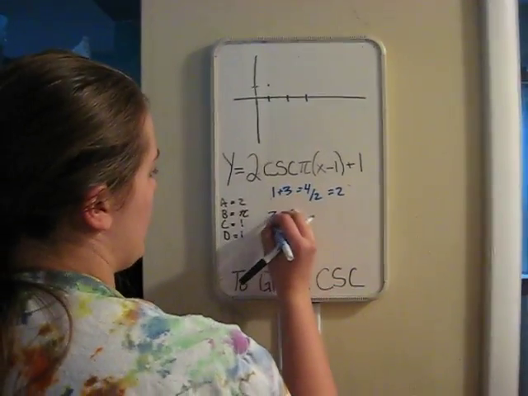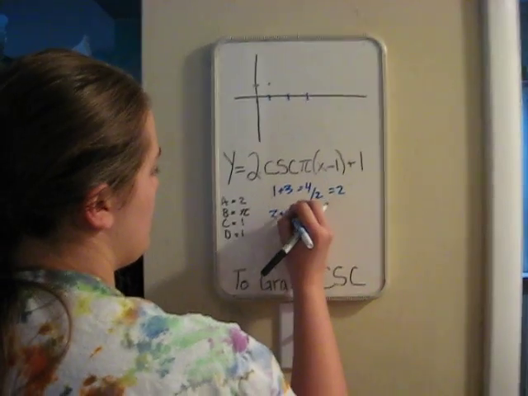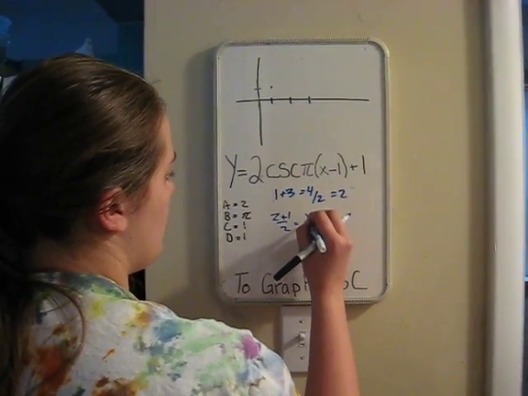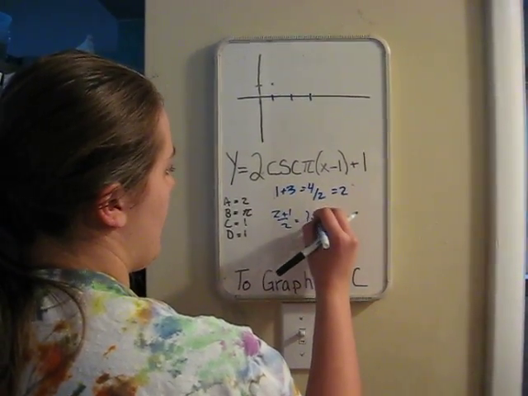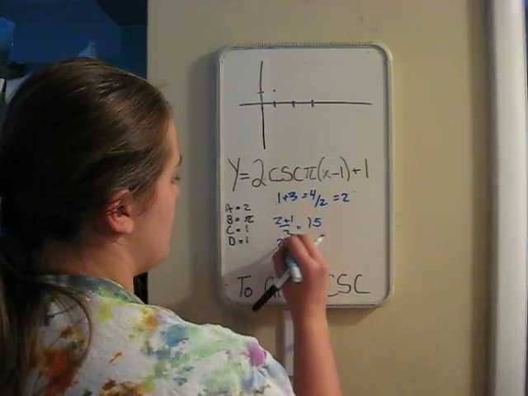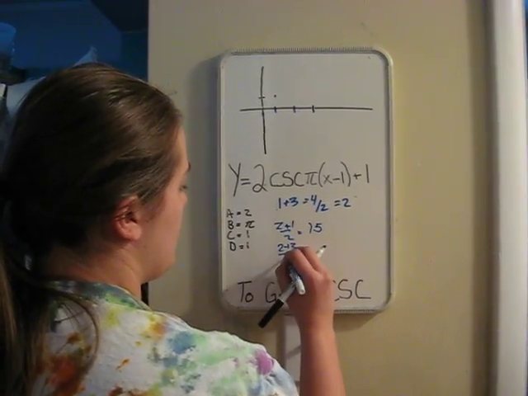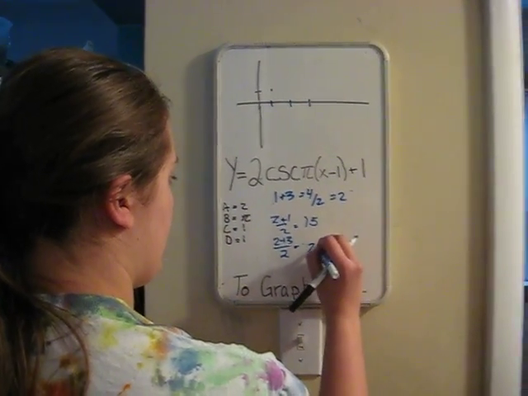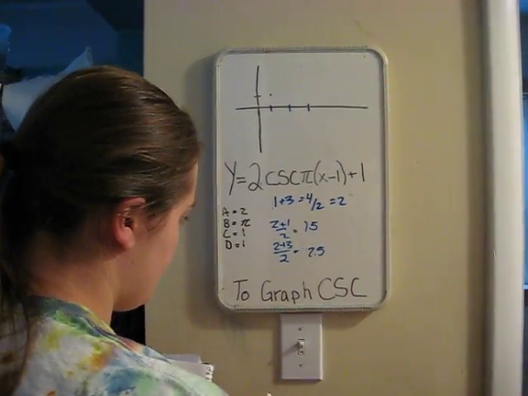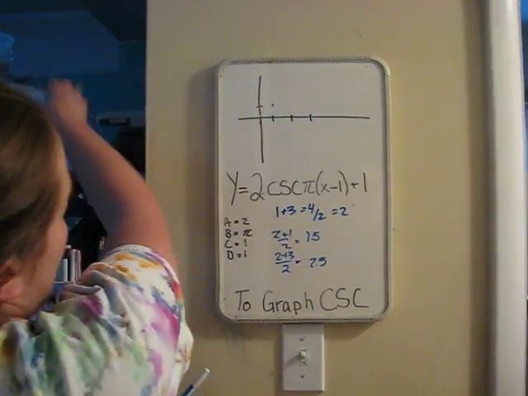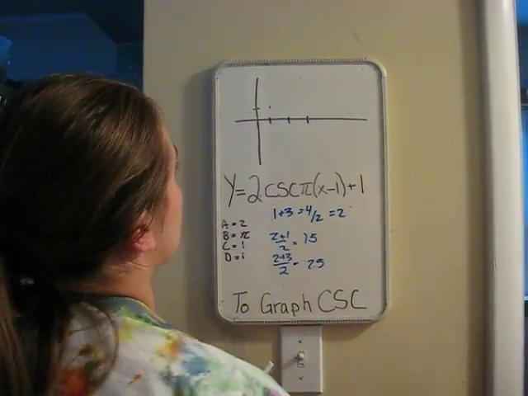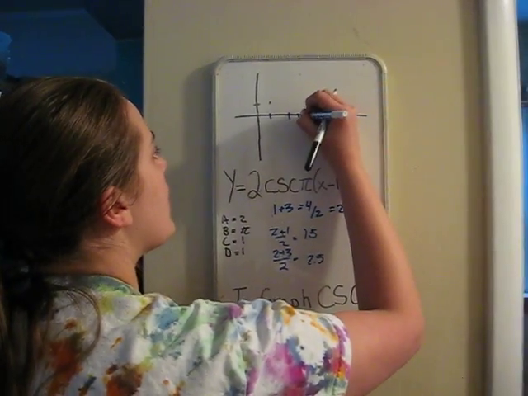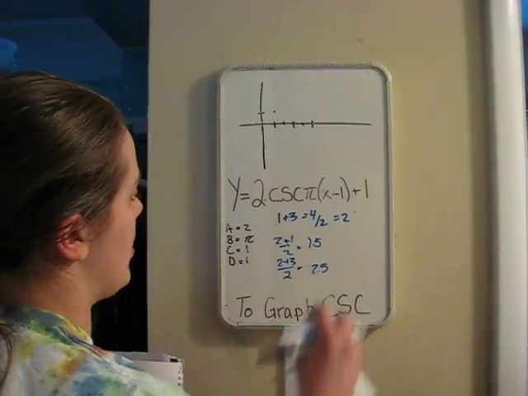We'll also have points at 1.5 and 2.5. Okay. So we'll just draw in little lines for those points as well.